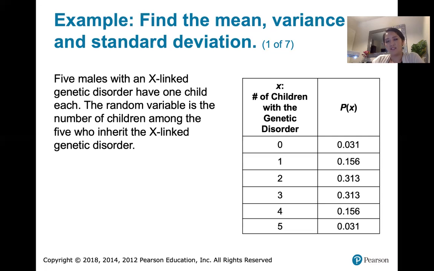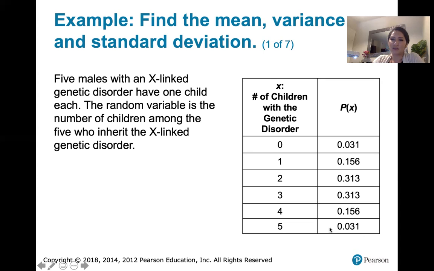So if there are 5 males that have children, it's possible that 0 of their children inherit the genetic disorder, 1 of their children inherits it, or 2, 3, 4, or 5 children out of those 5 children inherit the genetic disorder.